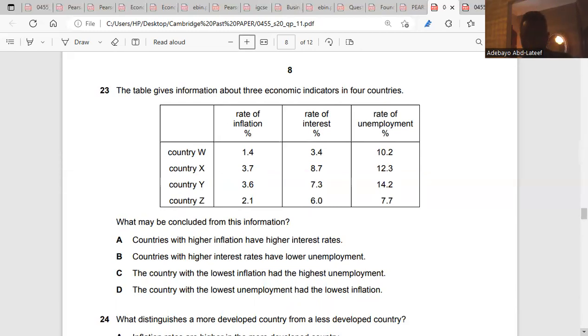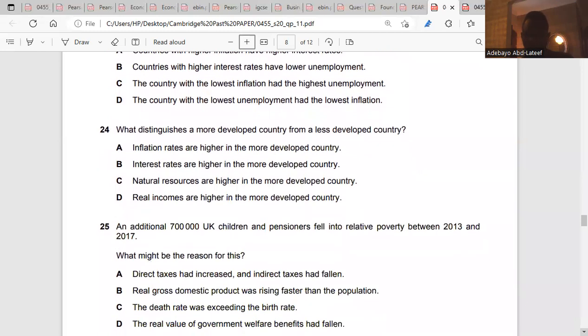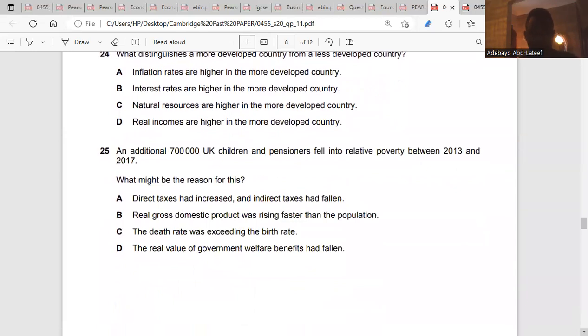24. What distinguishes a more developed country from a less developed country? A developed country has high real income. 25. An additional 700,000 UK children and pensioners fell into relative poverty. There's a difference between absolute poverty and relative poverty.